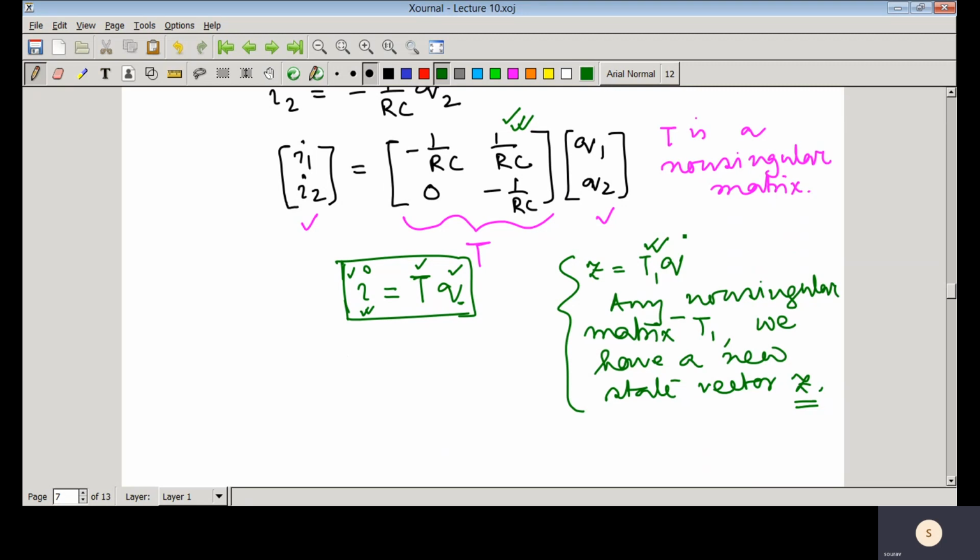Now let us see, if we take this type of non-singular matrix T1, or in this particular case if we take T, what is the relationship between A and A bar?